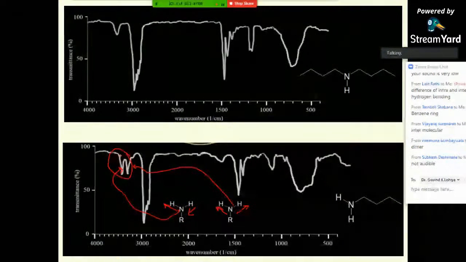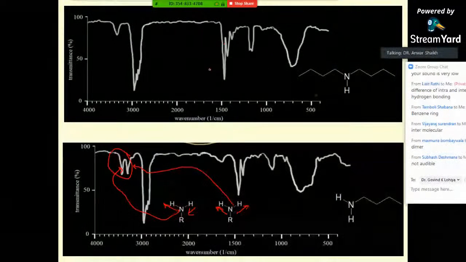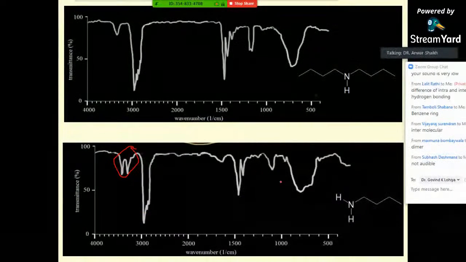And if it is an aromatic amine, for example aniline, what will be the difference you will be finding here? You will be getting these two peaks, because the NH2 group is there in aniline.